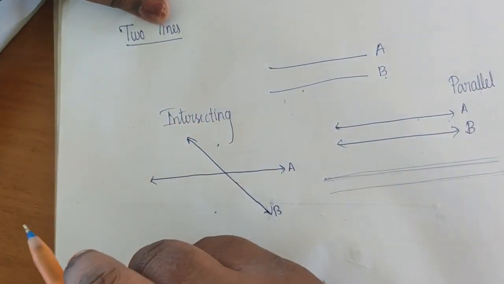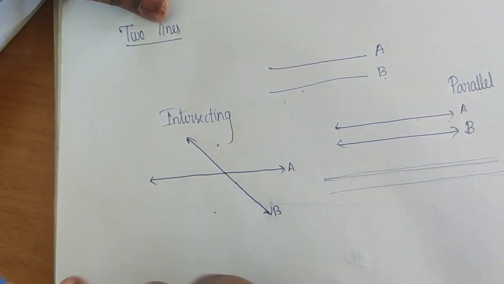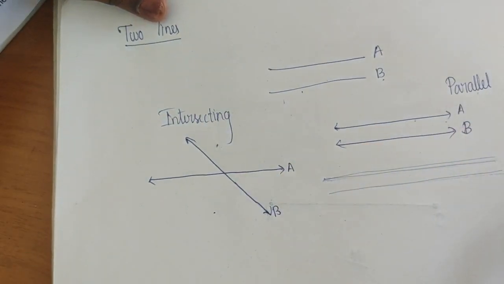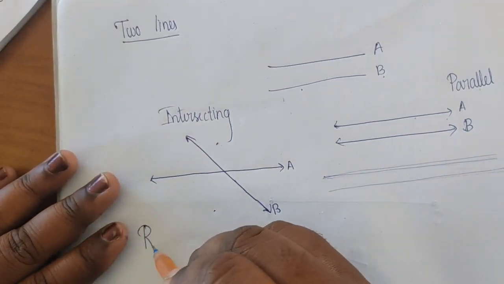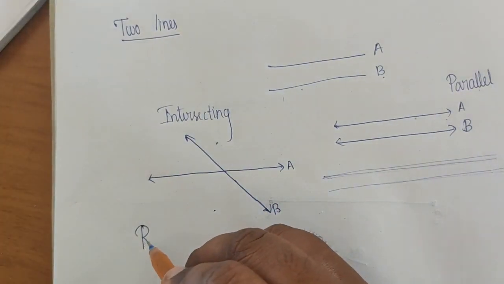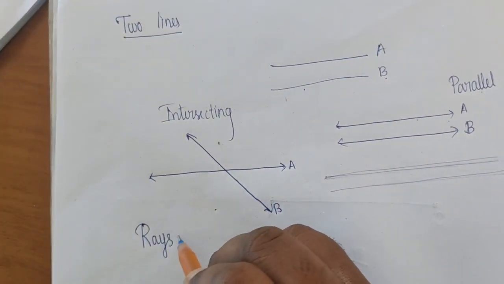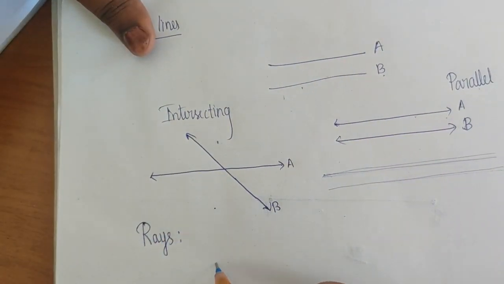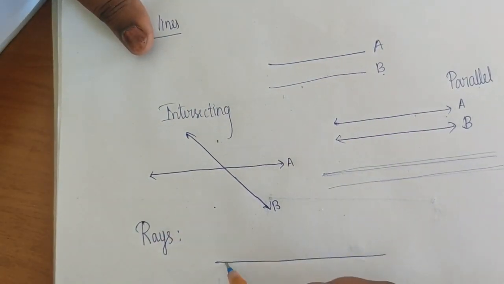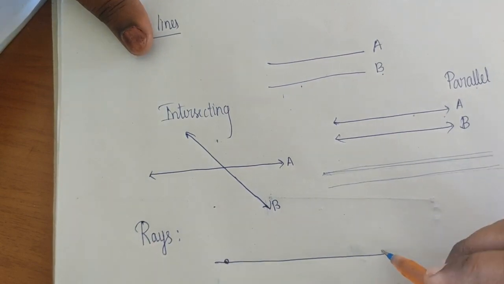Okay students, next we see rays. What is a ray? A ray has one starting point and goes on with an arrow.